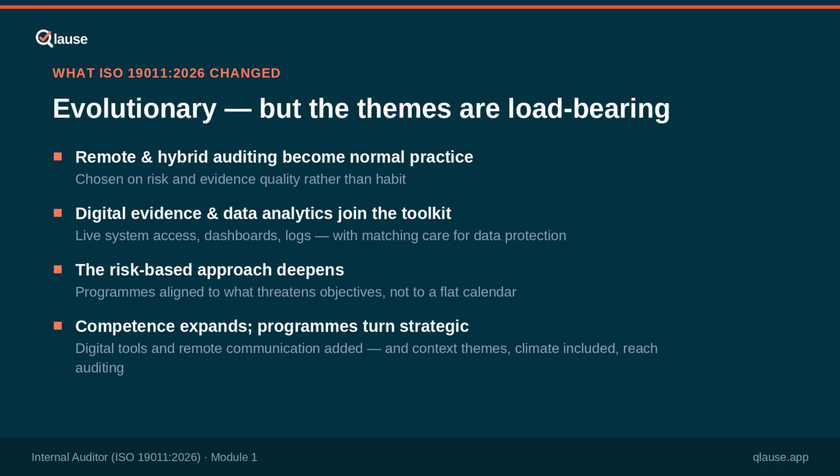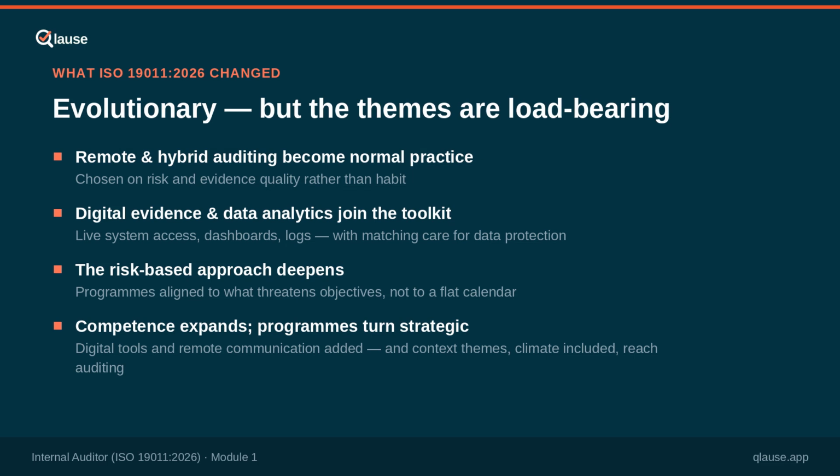Digital evidence and data analytics enter the standard toolkit: live system access, dashboards, logs, with matching care for data protection. The risk-based approach deepens, aligning programs to what actually threatens the organization's objectives instead of to a flat calendar. Auditor competence expands to include digital tools and remote communication. Audit programs are positioned as strategic instruments that feed decision-making. And context themes, including climate considerations, reach the audit world too.